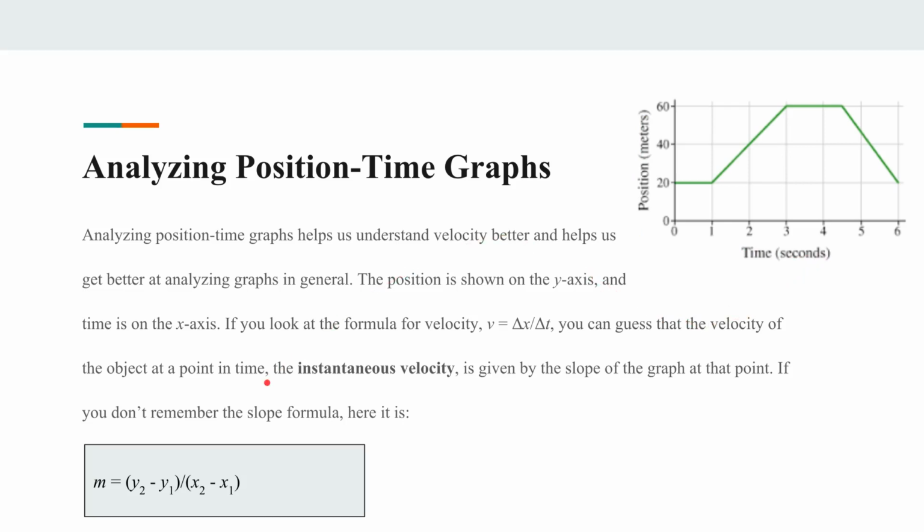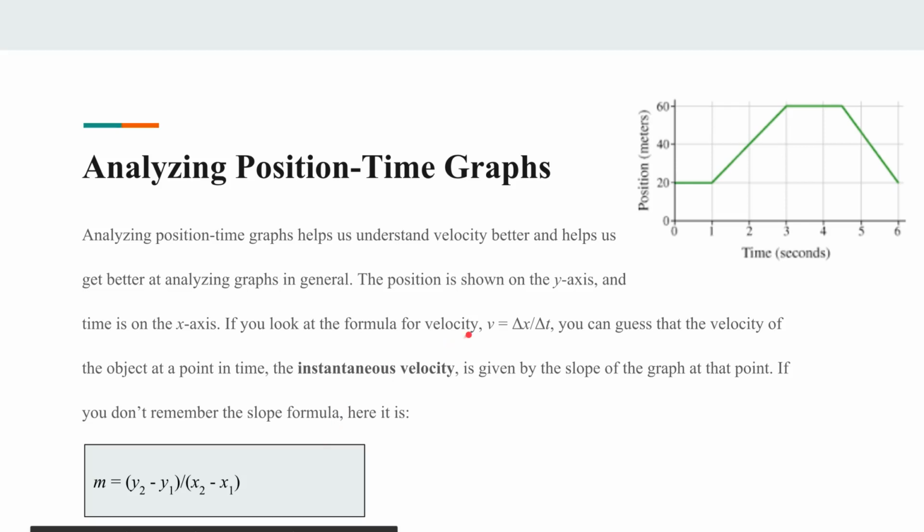If you look at the formula for velocity, v equals delta x over delta t, you can guess that the velocity of the object at a point in time, the instantaneous velocity, is given by the slope of the graph at that point. If you don't remember the slope formula, here it is.